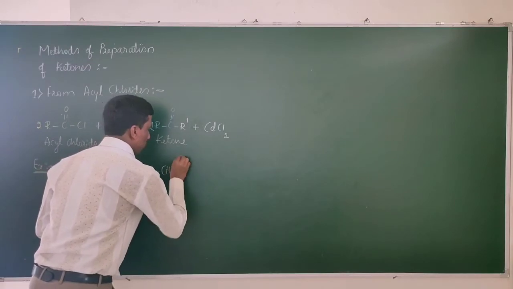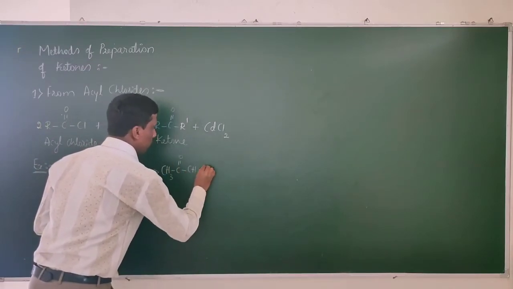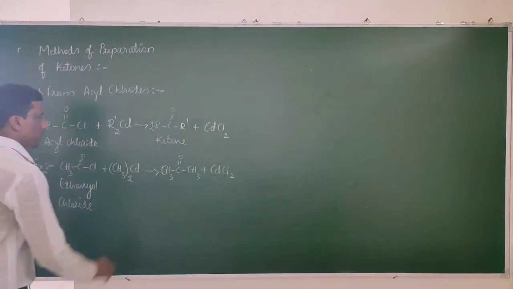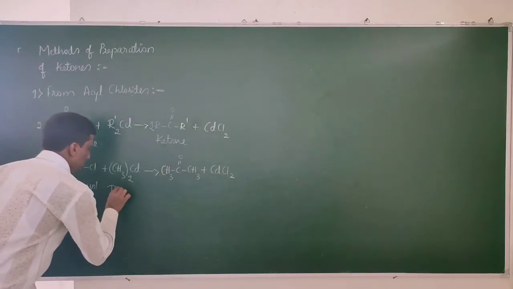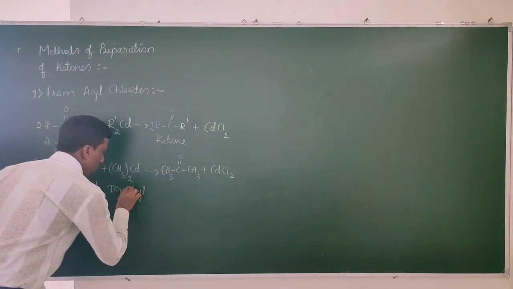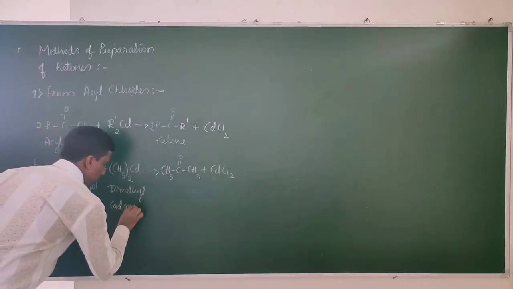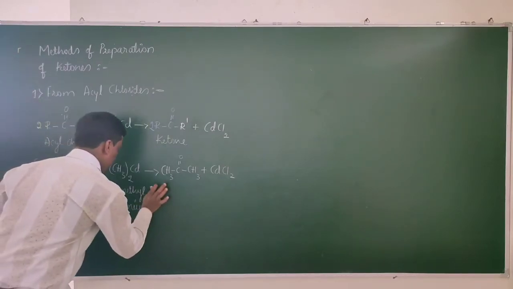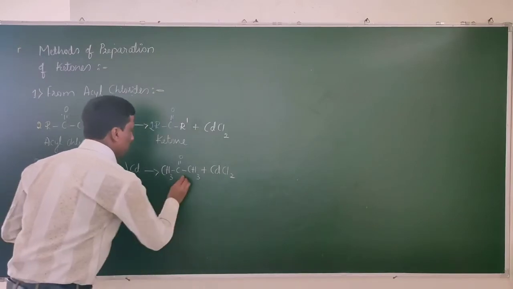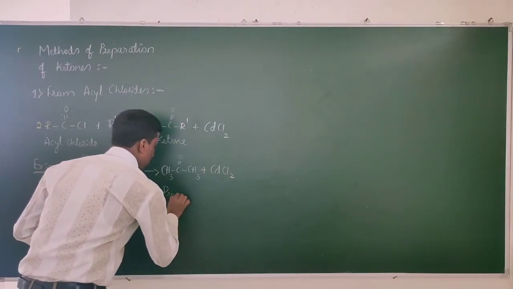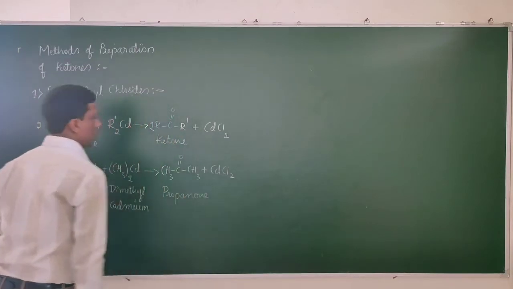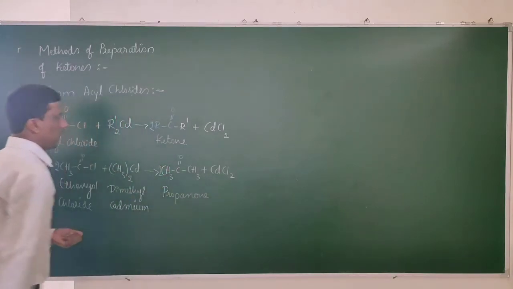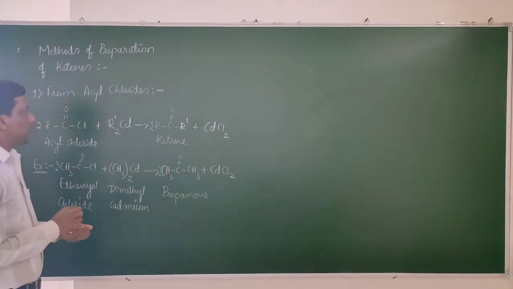CH3COCH3 plus cadmium chloride. This is dimethyl cadmium. This is propanone. To balance this reaction, write 2 here and write 2 here also. This is the first method of preparation of the ketones, from acyl chloride.